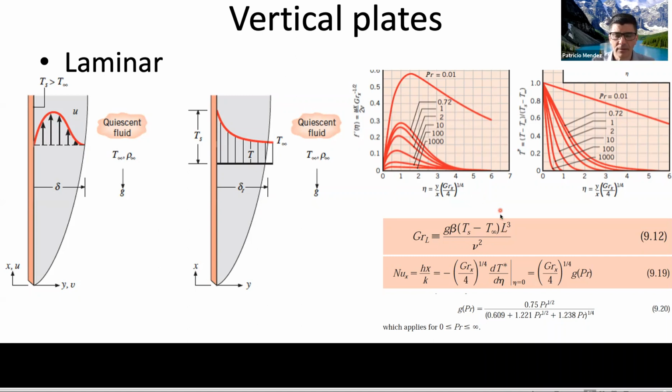But they did it. And what we see here in these crazy numbers is that what they found is that this velocity profile is the same at every point in the boundary layer. It's just the same. And what changes is the magnitude of how thick the boundary layer is and how big this velocity is.